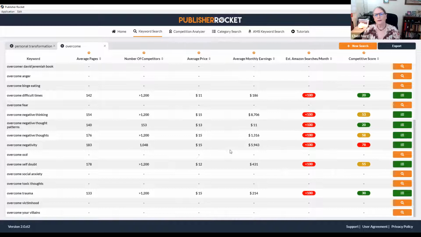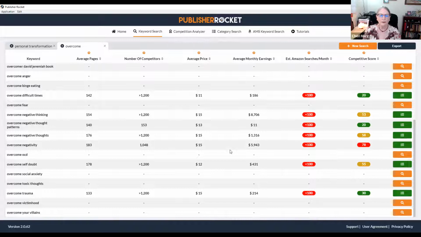So you can go down rabbit holes with this, and I suggest that you do, especially with the keywords that are really important in your title and subtitle, because those are going to give you more keywords than the 7 that you select. But the 7 you select should be a good balance between number of searches per month, average monthly earnings, and the competitive score.